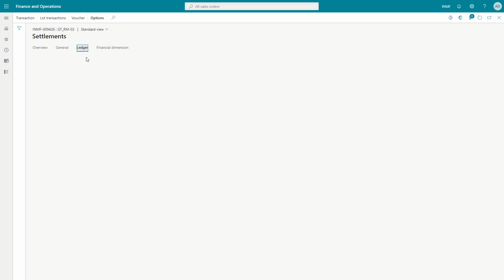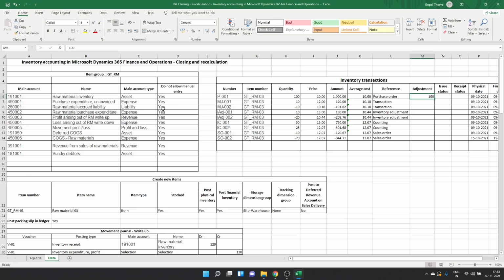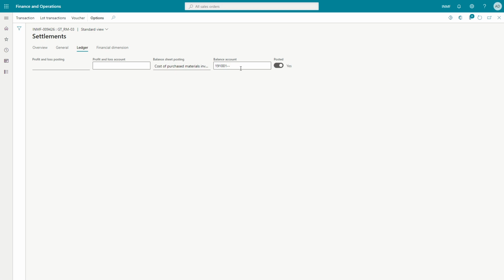And if you see which set of GLs are posted here, okay, you can see that it is posted into my inventory account 191001. Okay, this is my inventory account, raw material inventory. So my inventory cost has increased. This profit and loss account is not recorded because it is a third party freight.